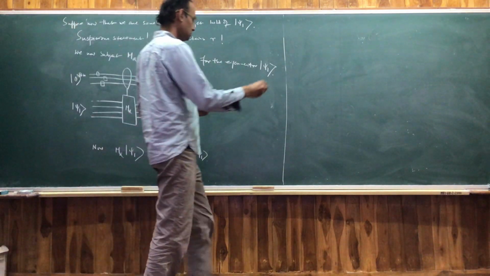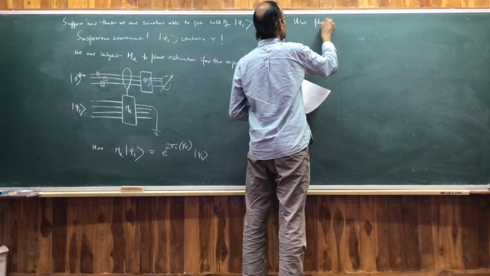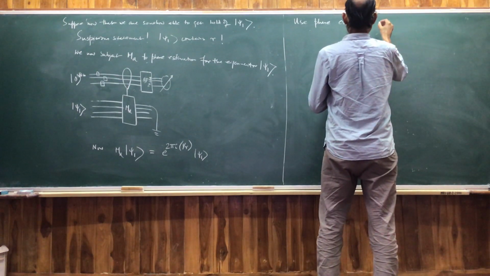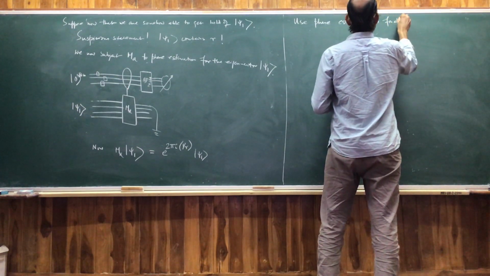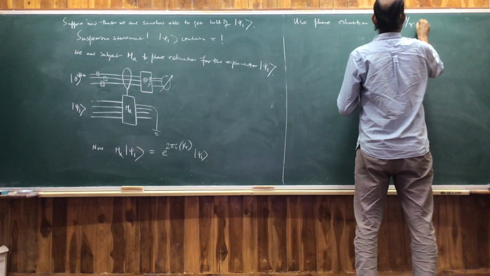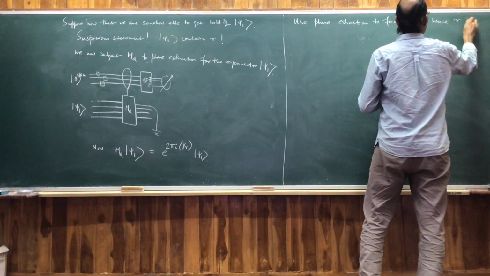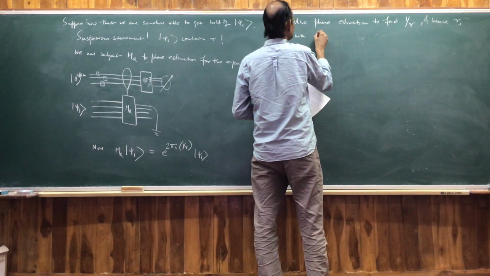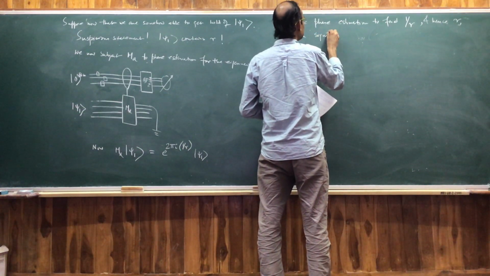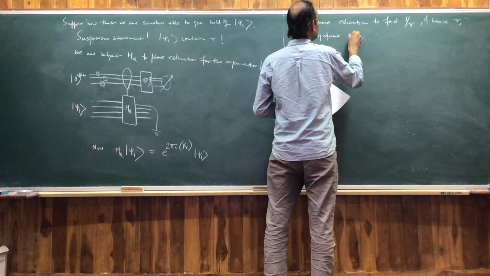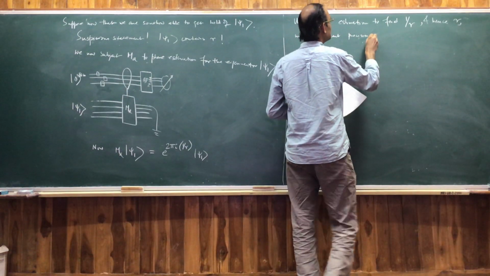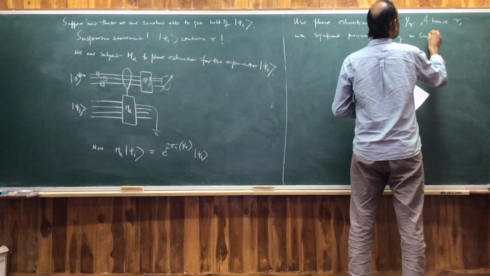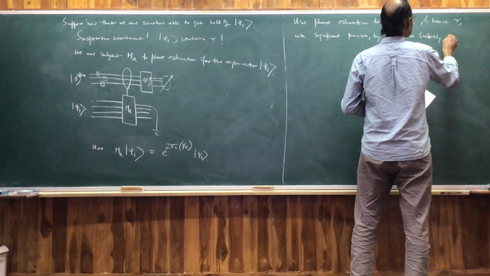So we know this, so now we use phase estimation to find this theta, which is the 1 over R, and hence R with significant precision by choosing M suitably.